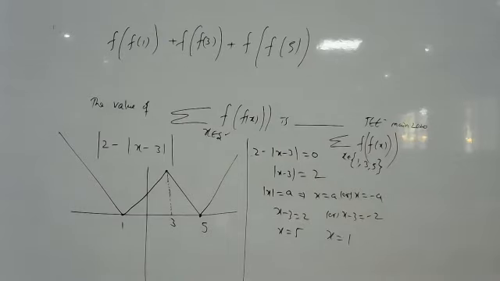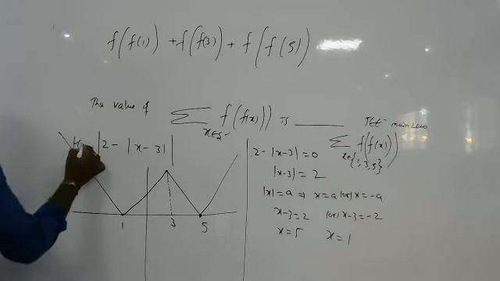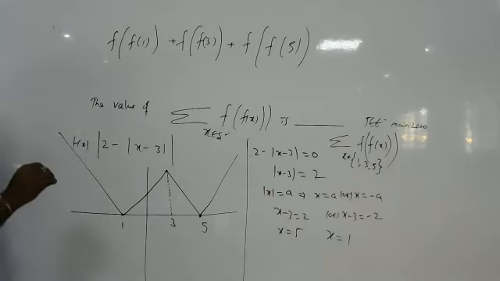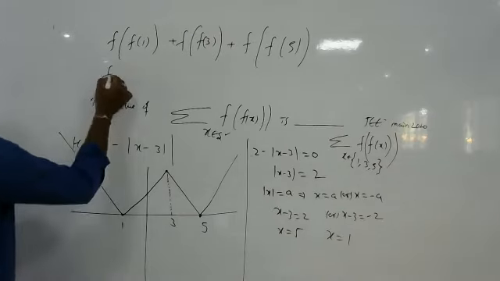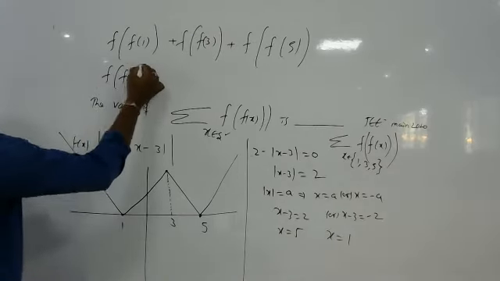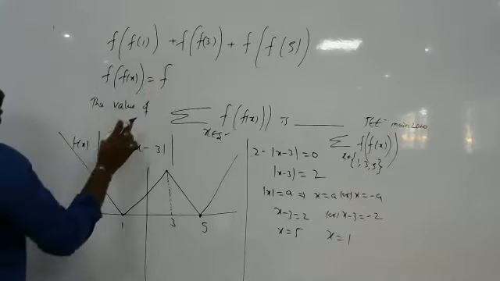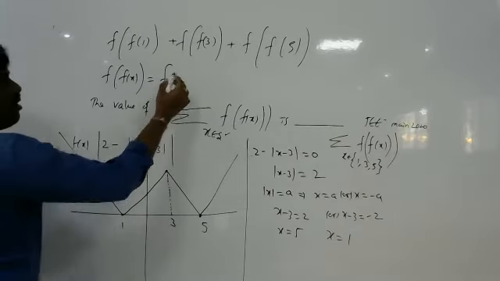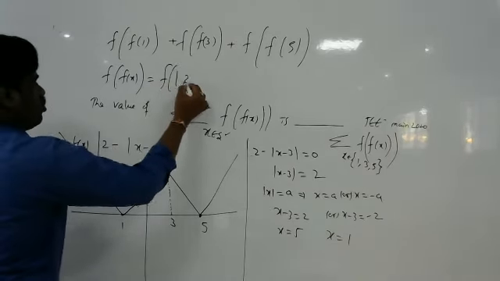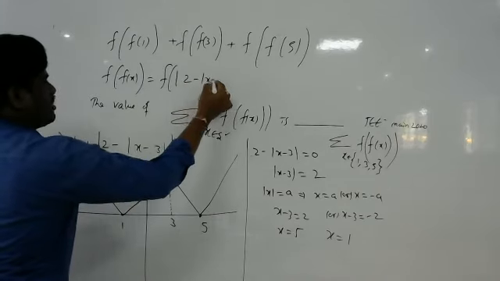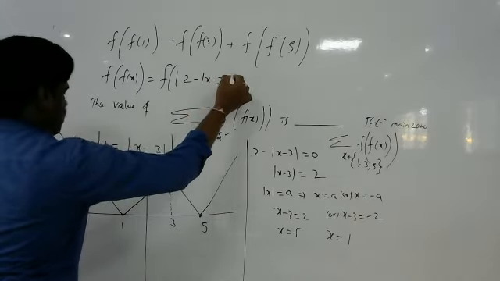One second, I'll check the question. This is f of f of x, right? So you require f of f of x. So what am I going to get? f of f of x means f of mod of 2 minus mod x minus 3, correct?